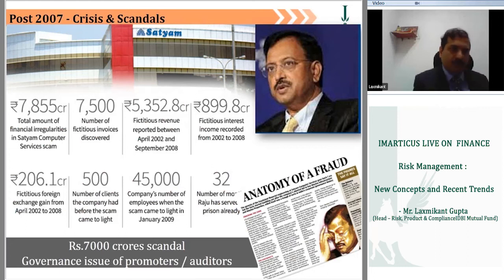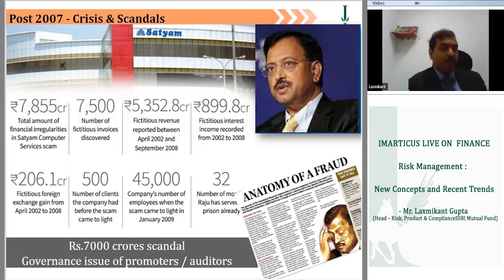Next is our own domestic case of Satyam, which led to a huge governance issue at the promoter level, as well as connivance with the auditors. It led to total financial irregularities of 7,500 crores, and it raised very big questions on governance at the board level, the duties and responsibilities of the auditors, the independent directors, the nominee directors, and the executive directors.